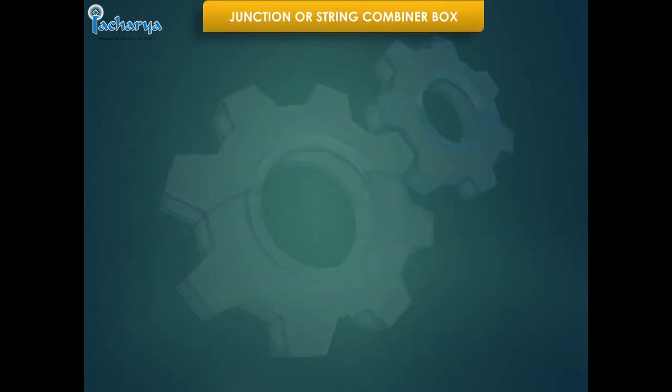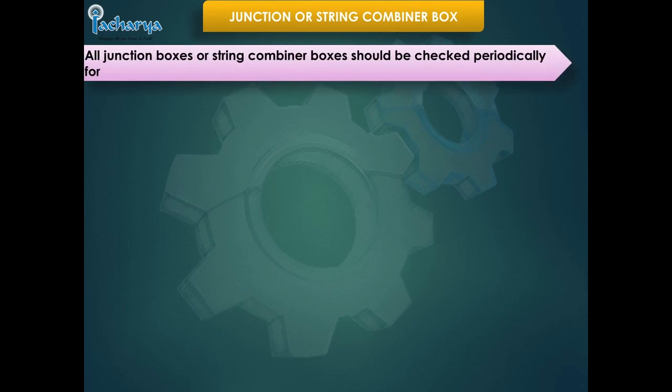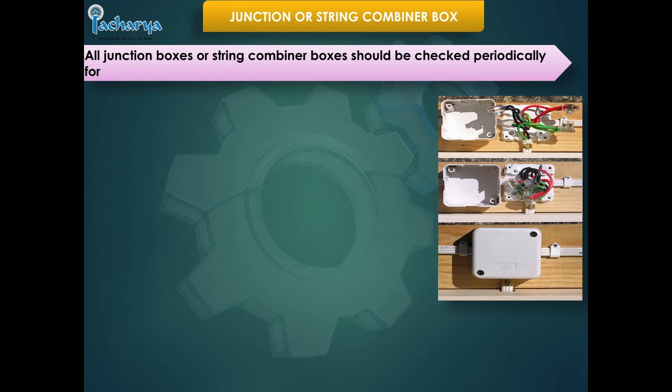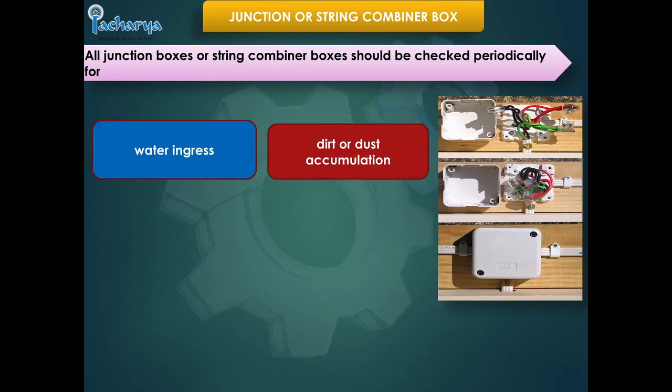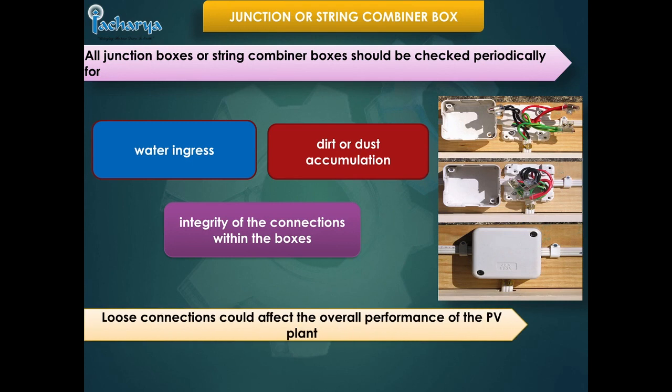Junction or string combiner box. All junction boxes or string combiner boxes should be checked periodically for water ingress, dirt or dust accumulation, and integrity of the connections within the boxes. Loose connections could affect the overall performance of the PV plant.